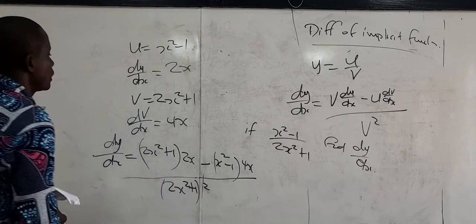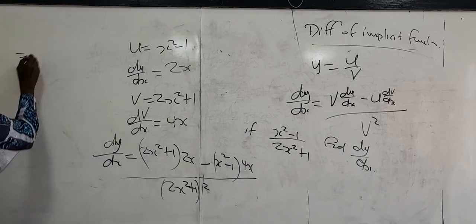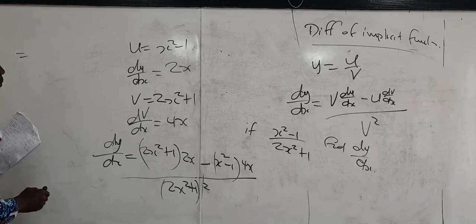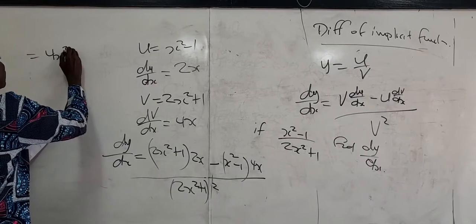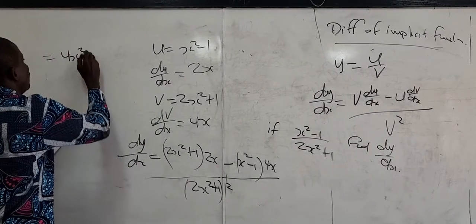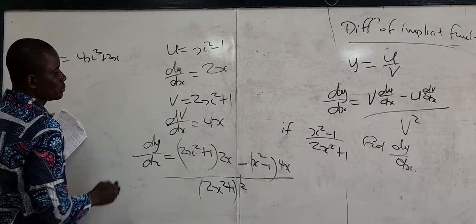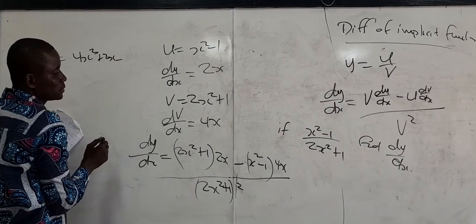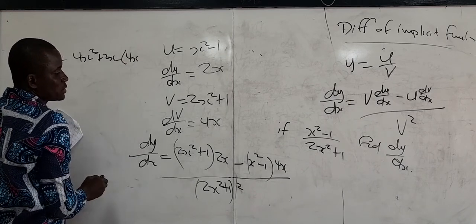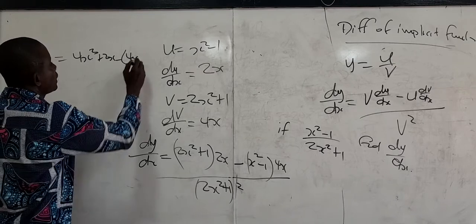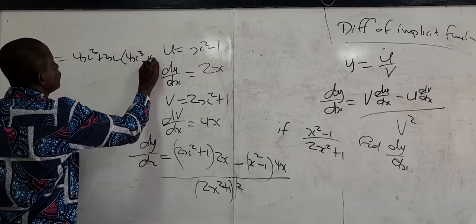Okay. So in a nutshell, if I open the bracket, dy/dx becomes 4x squared, 4x cubed, sorry, plus 2x, minus 4x cubed minus 4x.